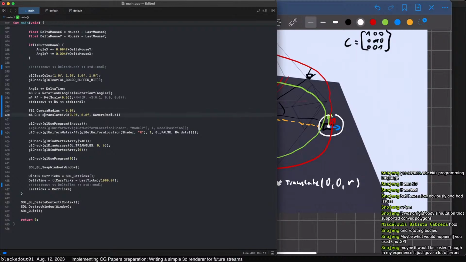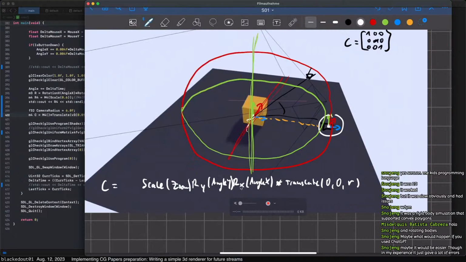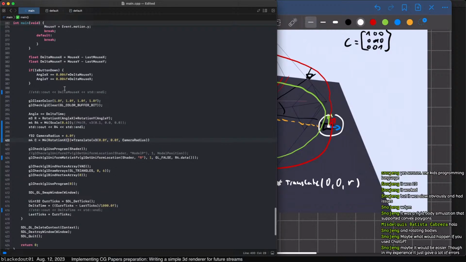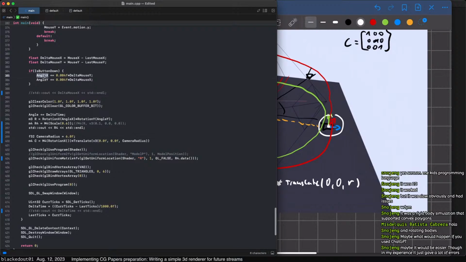And then we can perform a rotation, like here. So the first thing we did was translate, then rotate around the x-axis. And again, we can just use our angles here. Angle x.